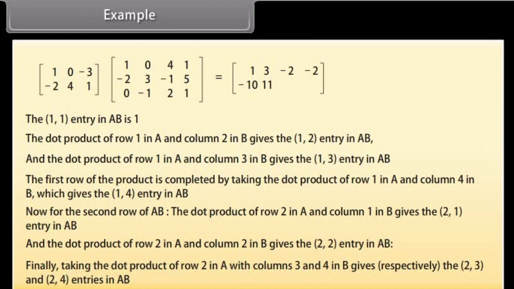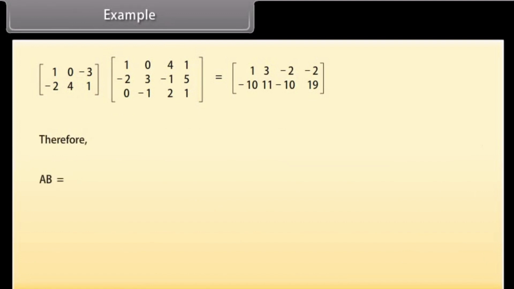Finally, taking the dot product of row 2 in A with columns 3 and 4 in B gives respectively the 2, 3 and 2, 4 entries in AB. Therefore, AB is the matrix, row-wise: first row 1, 3, -2, -2, second row -10, 11, -10, 19.